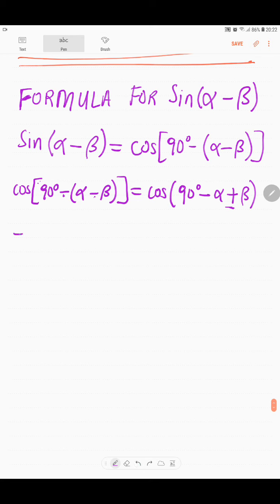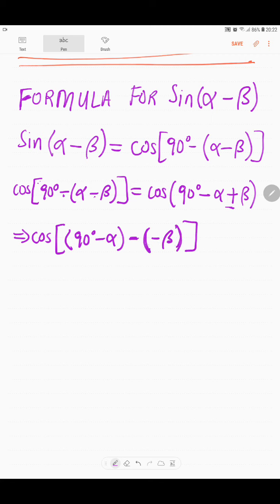From there we have this. We will be grouping the 90 minus alpha in its form, but we want to use the very first formula, so we'll have a negative sign here, and breaking it like the second one, we would have a negative, because a negative and a negative give you a positive. So now the juggling is both on alpha as well as on beta. We are using the very first formula.